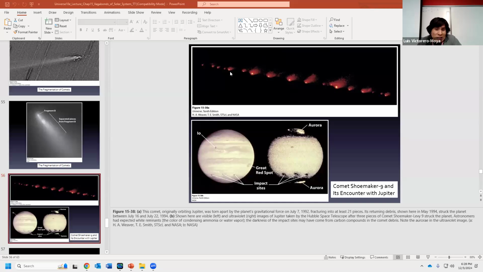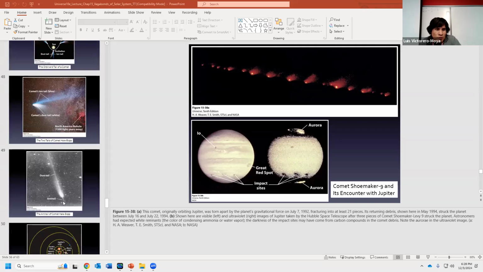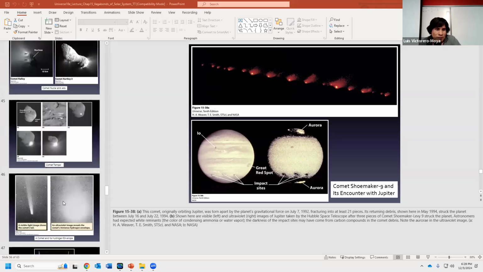Okay? Also take into account that comets are mostly made of ice, so they can easily fragment, just like Hyakutake as well. As Hyakutake passed by the Earth and then approached the sun, the comet started to disintegrate. Okay? Again, that is not necessarily what happened with asteroids, because asteroids are mostly made of rock and metal.